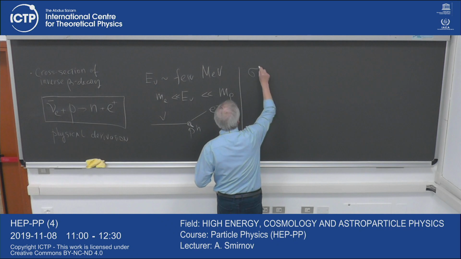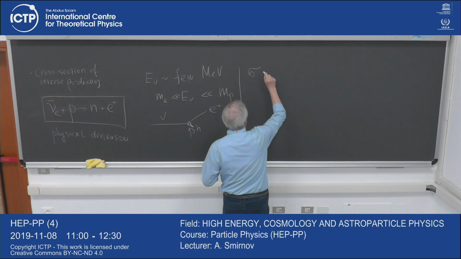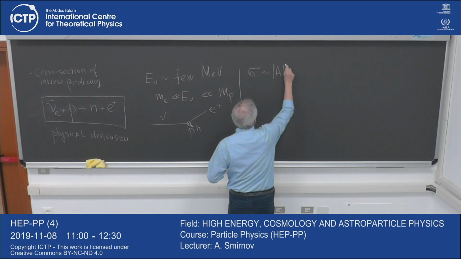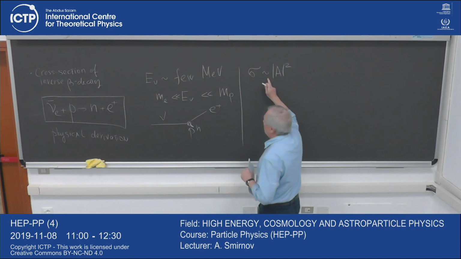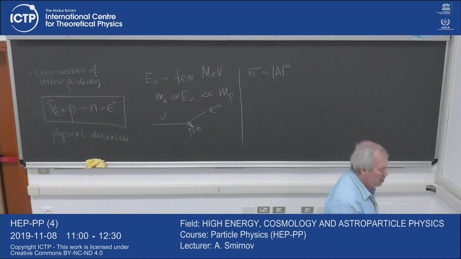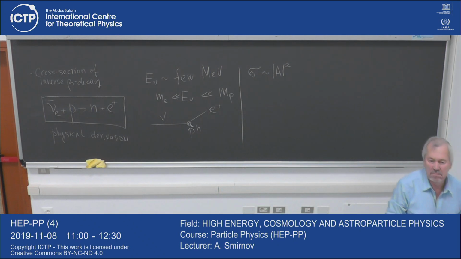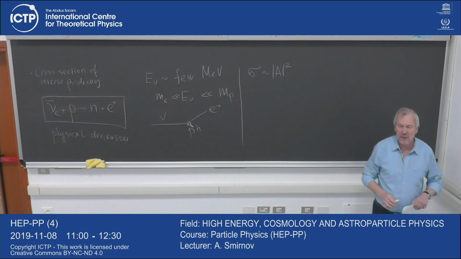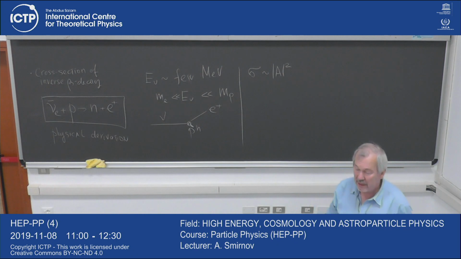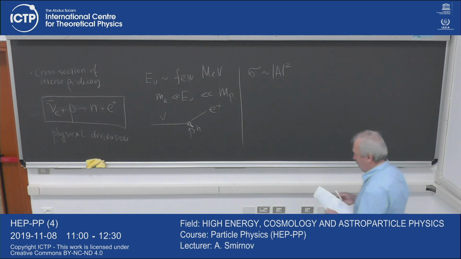which is proportional to the amplitude of the process modulus squared. And here I omit for the time being coefficients, which come essentially as kinematical factors, which come from integration over energy and momentum space in this process.